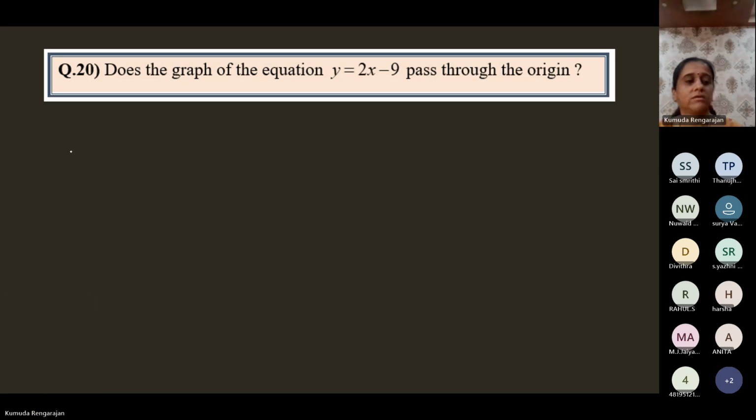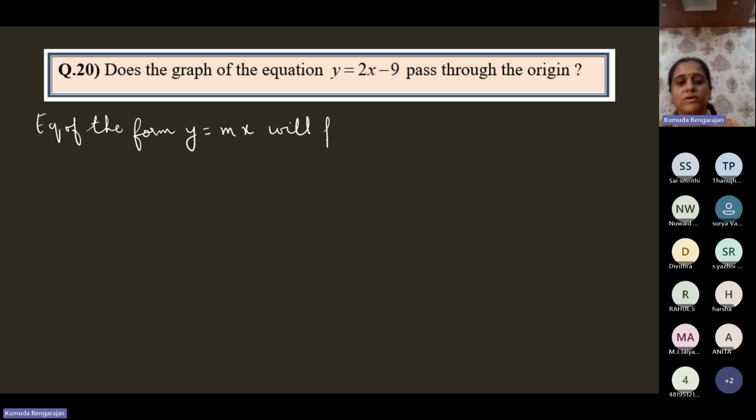Okay. The equation of the form y is equal to mx will pass through the origin. Basically the equation will have only two terms, the x term and the y term.